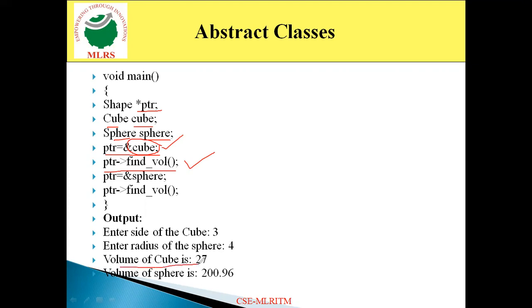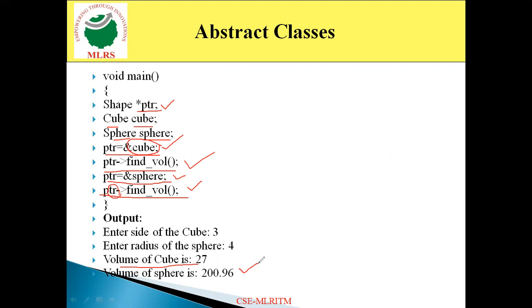Similarly, ptr is equal to address of sphere indicates that now the pointer object is pointing to the sphere class. So ptr arrow find_value executes the find_value function in the sphere class, which calculates and prints the sphere value on the output screen.